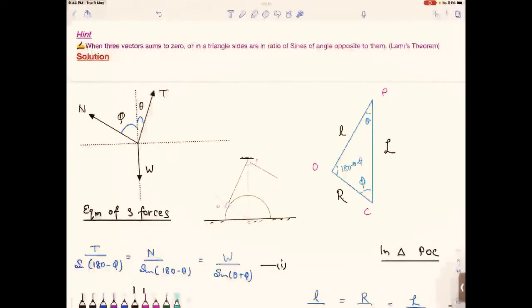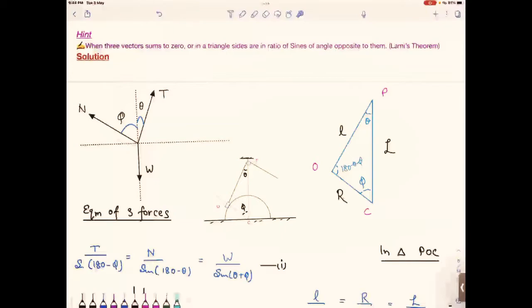I have taken some angles like this: this is theta and this is phi. You could have taken other angles as well; it's not a big problem at all.